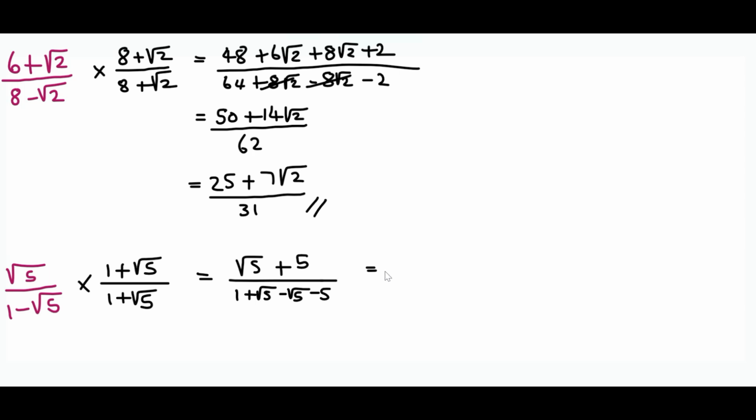Again, let's collect the like terms. Plus root 5 minus root 5 cancel out, so we're left with 1 minus 5, which is minus 4. These integers can't be cancelled out any further, so this is our final answer.